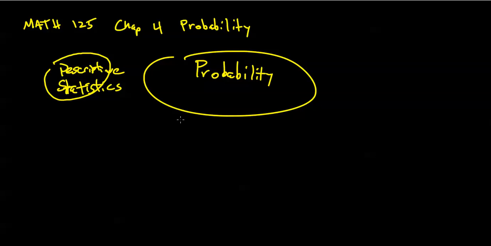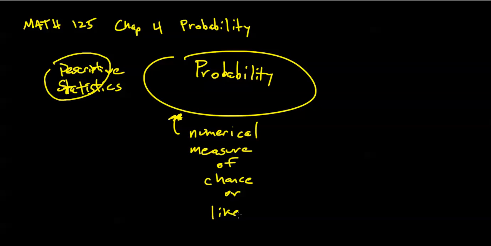And you may recall in probability, in wide strokes, what we do is seek ways to measure chance. And I'll just put down here as a rough definition: it's defining a numerical measure of chance or likelihood of events happening.